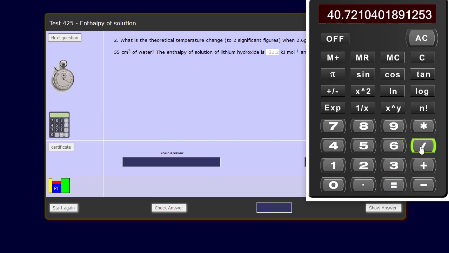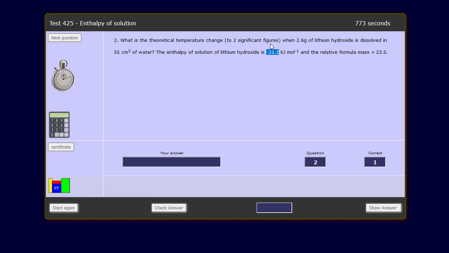And now we divide that by the specific heat capacity, which is 4.18, and that should give us the temperature rise of 9.7 degrees. Now let's just check here. It's negative, so it will go up by 9.7 degrees. 9.7, and there's our answer correct.